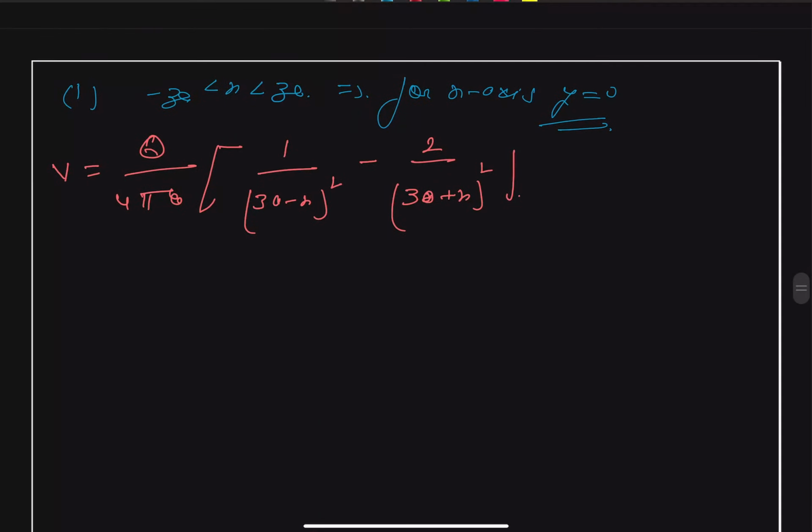So therefore now these two terms cancel out. Now it's the correct one. And this is for our x greater than minus 3a but less than 3a.